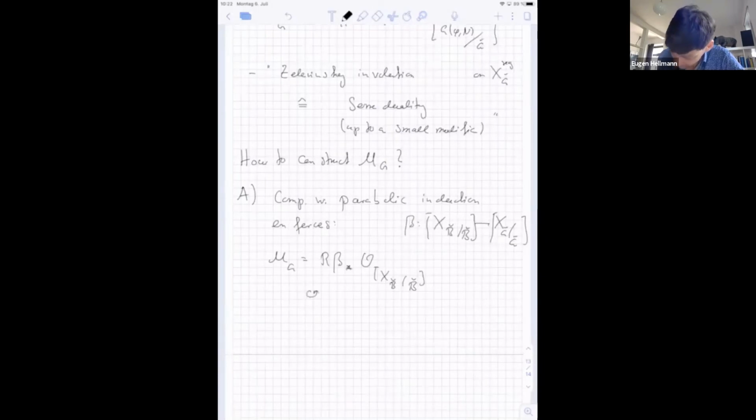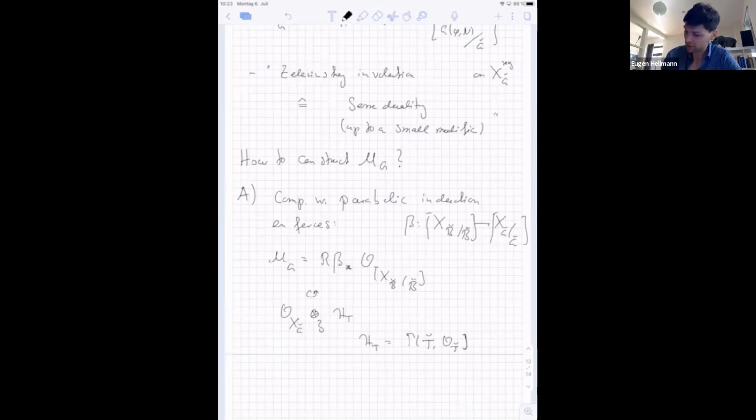And what's acting on here, you of course have the structure sheaf of X_G check acting, but because you come from the Borel, you also have an action of the Hecke algebra of the torus T, where you use that the Hecke algebra of the torus is just identified with the functions on the dual torus.